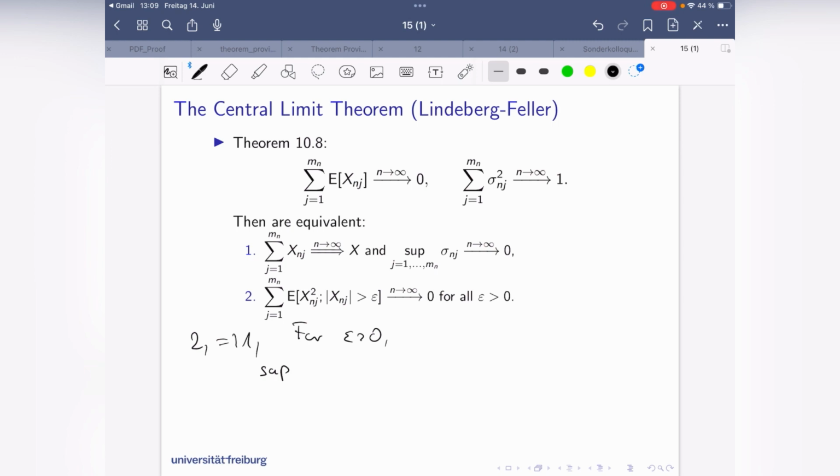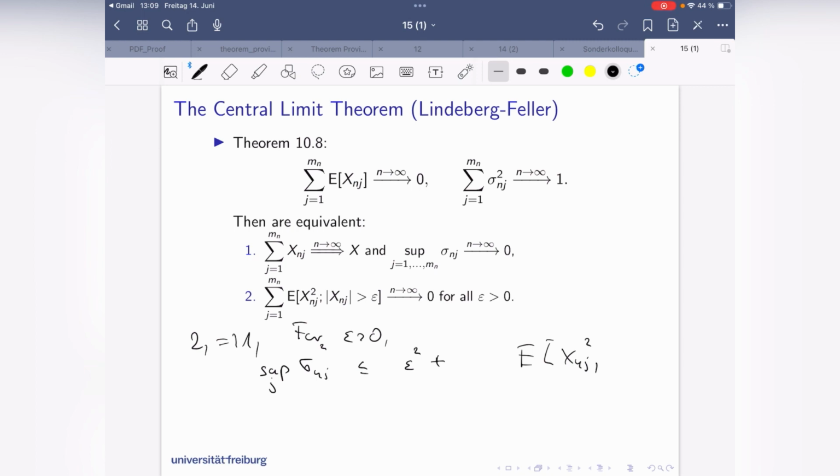So this sup over all j of sigma nj square, I can bound by epsilon square plus, well, what's sigma nj square? That's the expectation of x nj square.